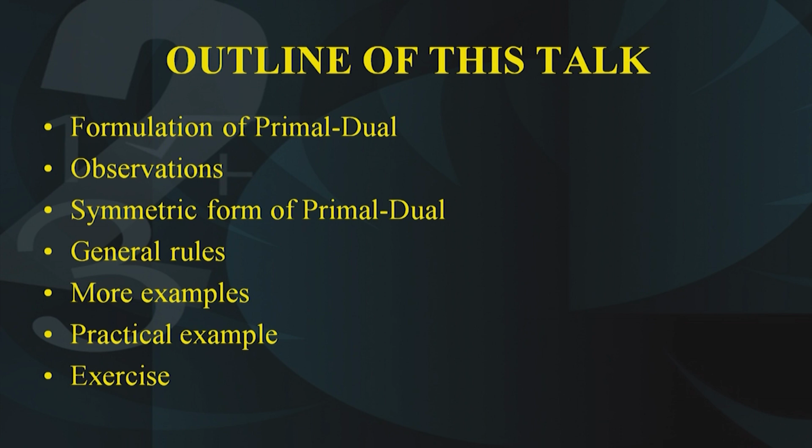We will look at some general rules which should be obeyed while writing the dual of a given primal. Then I will be taking some more examples, and then we will look at a practical example from real life to understand what exactly is the physical significance of a dual. Finally, I will give you an exercise.